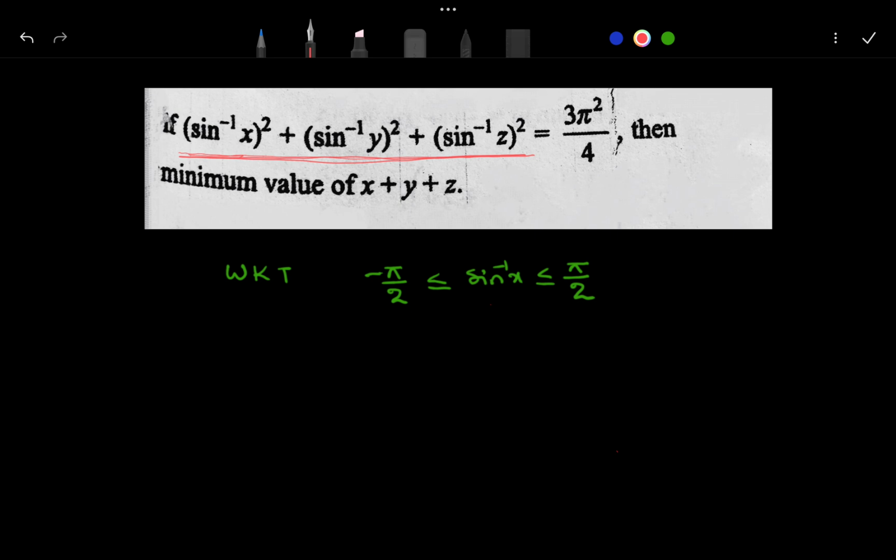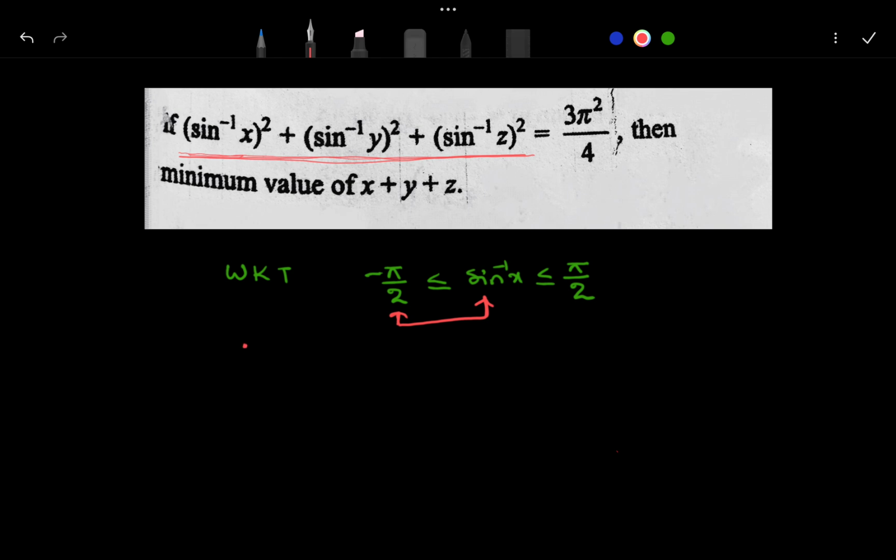So now to find the minimum value of x plus y plus z, you have to take the sine inverse x minimum value only. Sine inverse x minimum value is how much? Minus pi by 2. Then x is equal to sine of minus pi by 2.